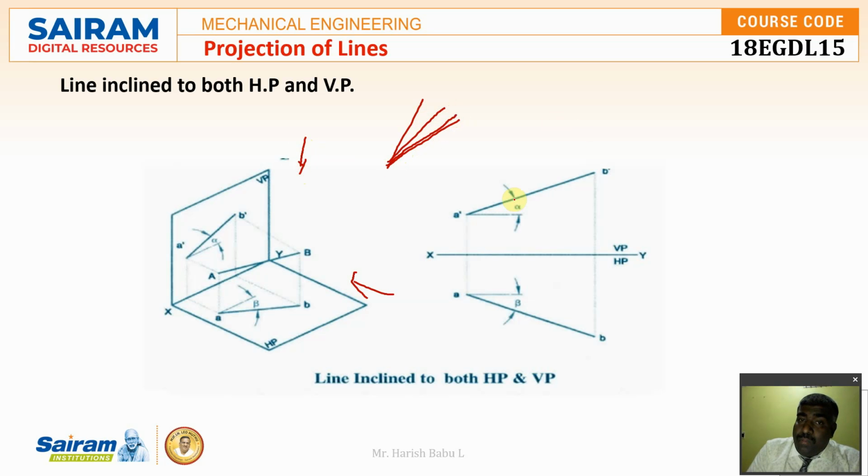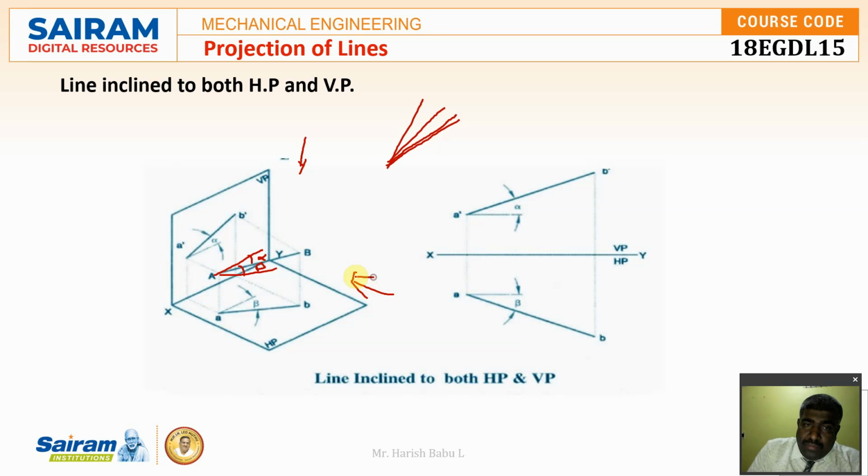So it will be inclined on both sides, with alpha with respect to HP and beta with respect to the vertical plane.